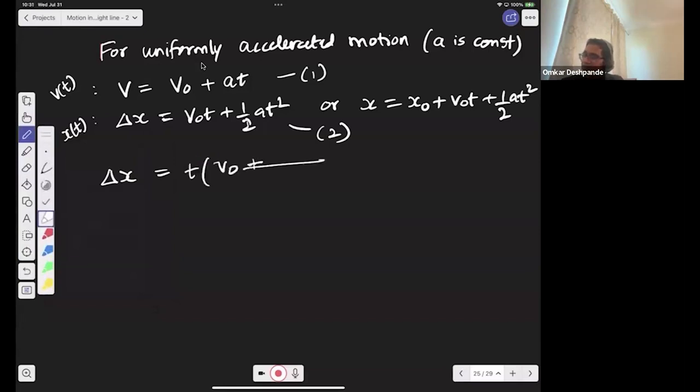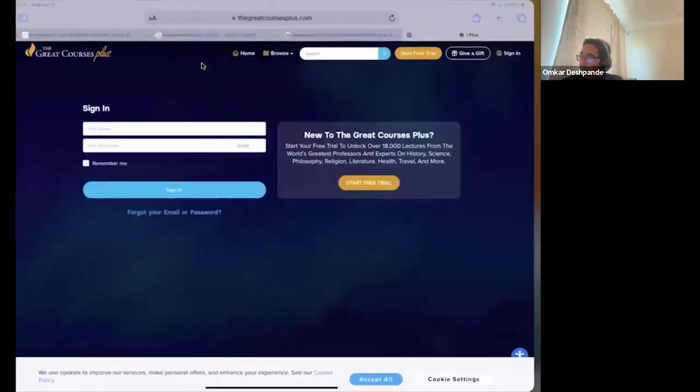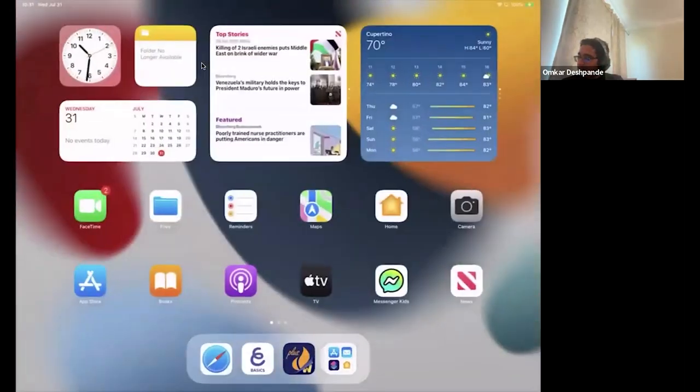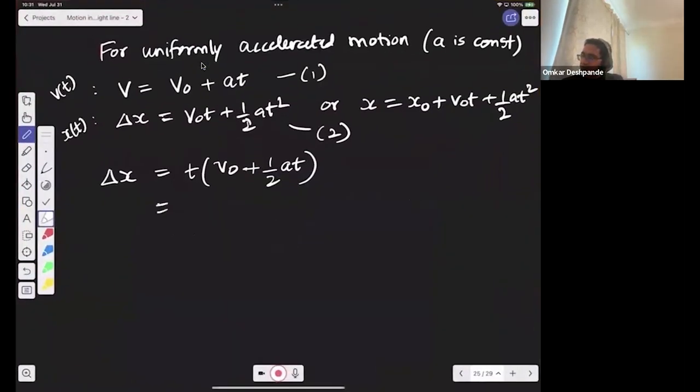And I get v0 plus half at. Now, so how do I eliminate time here? I could calculate time from the first equation. It's v minus v0 by a. And I could substitute it into this.